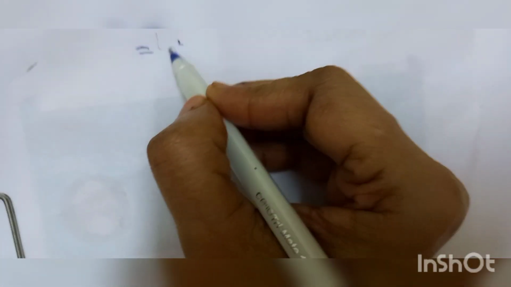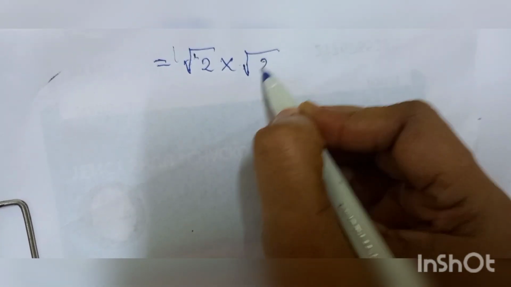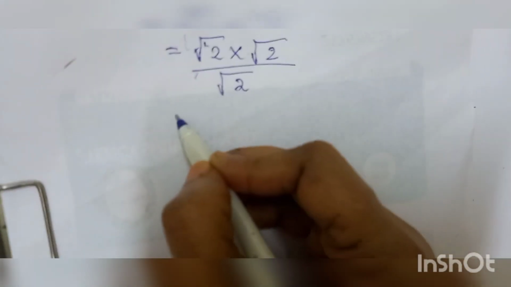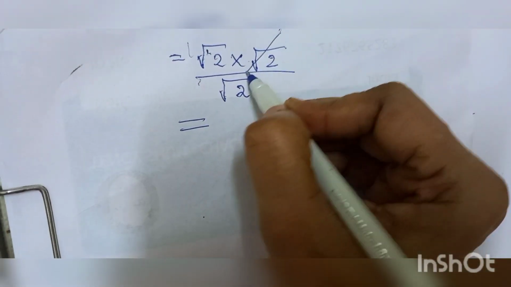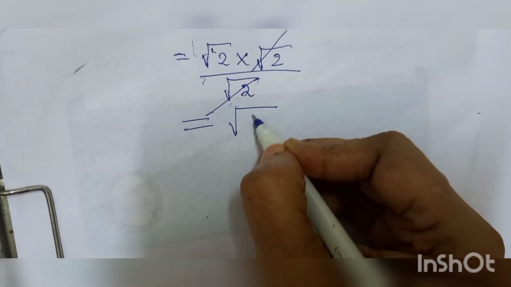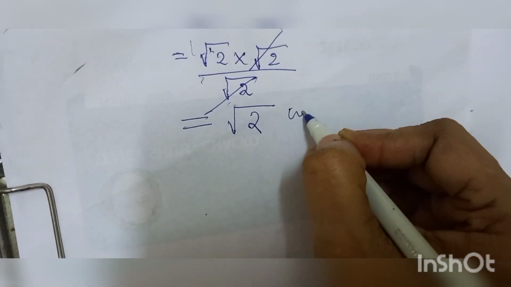2 can be written as root 2 into root 2 whole divided by root 2. So which is equal to root 2, root 2 will cancel out. What will you get? Root 2 units we get.